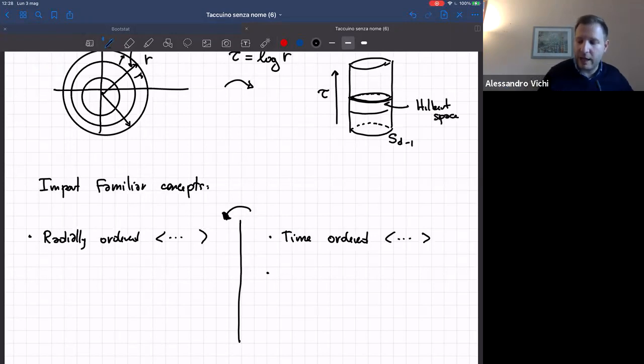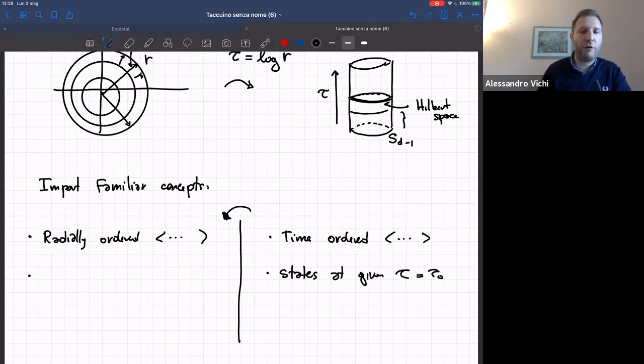And the states on a given slice are the states created by operators inserted at lower times, which means that in the conformal field theory picture, we have states defined on spheres.